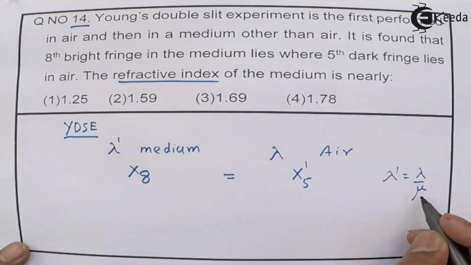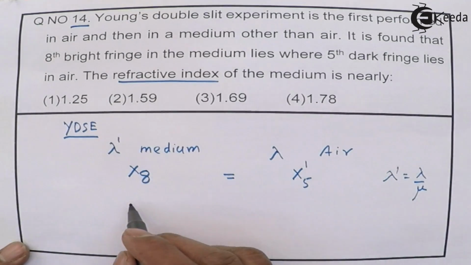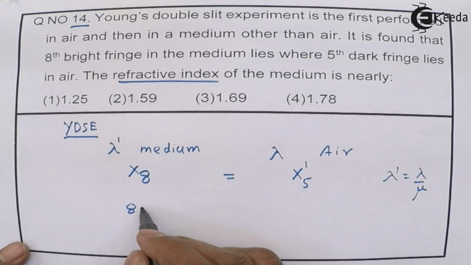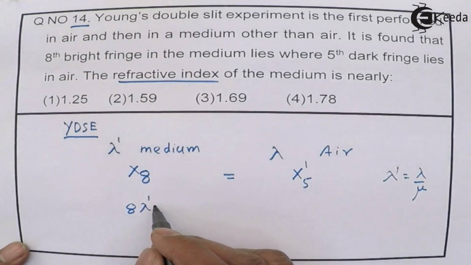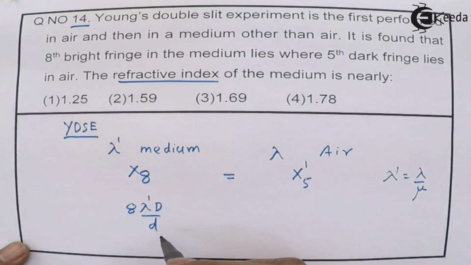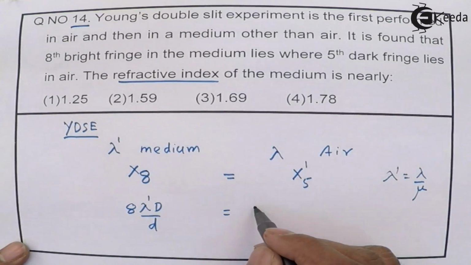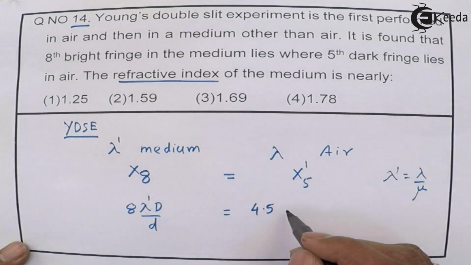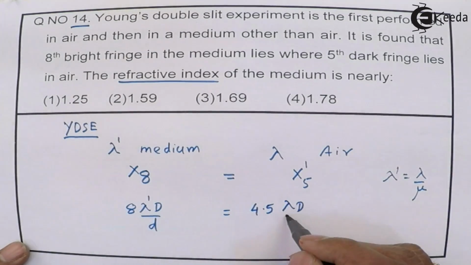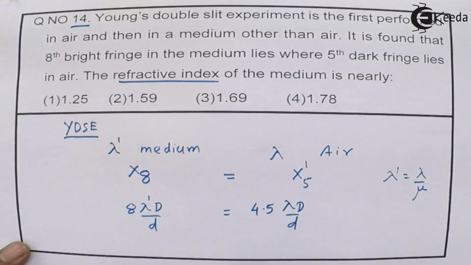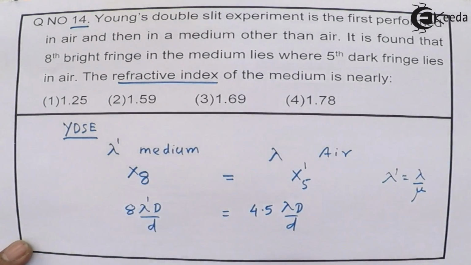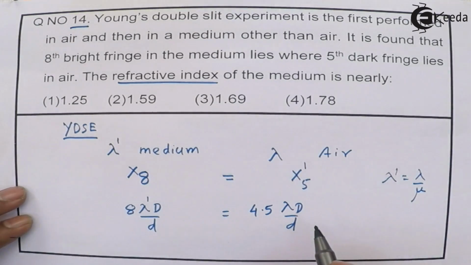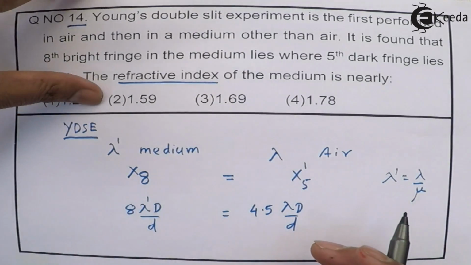The 8th bright can be written as 8 lambda dash D by d, and here it is 4.5 lambda D over d, because this is 5, so it is 4.5. First let me solve, then I will explain why this is the situation.